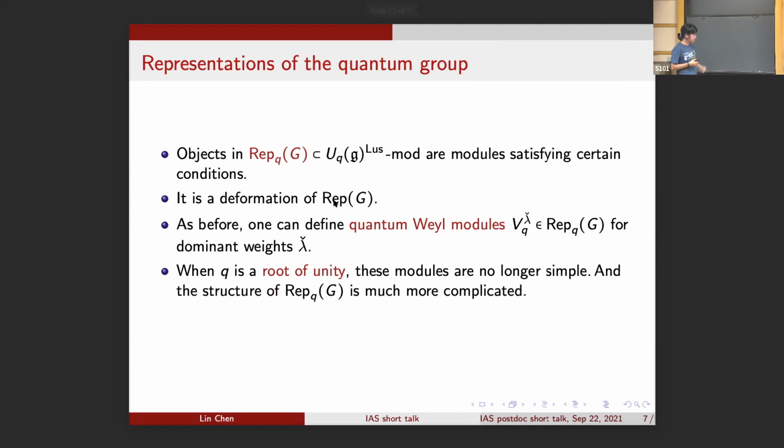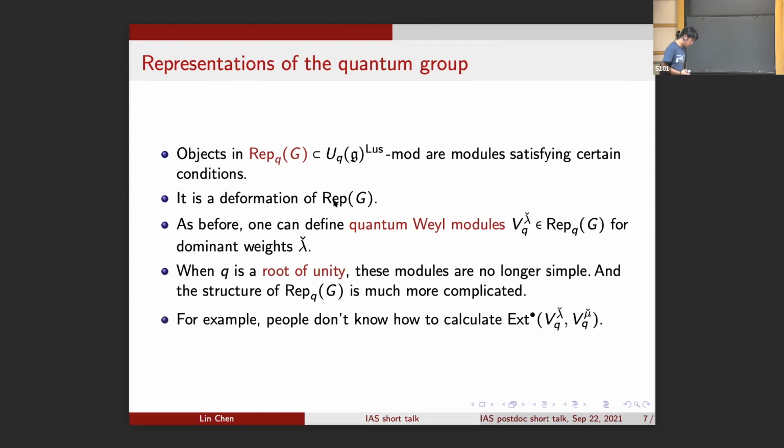And in that case, the structure of this category is much more complicated. For instance, I think people don't know how to calculate the extension groups between these quantum Weyl modules. So you may wonder, since the set of roots of unity is just a zero measure set in all complex numbers, why people care about this special case.